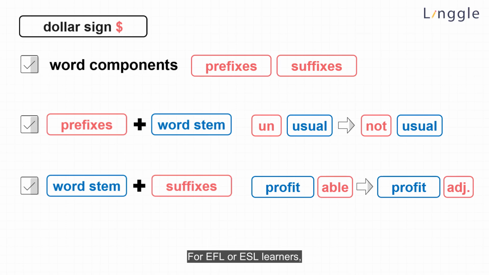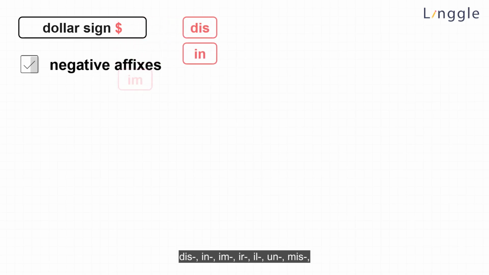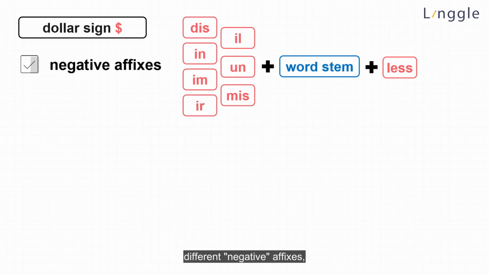For EFL or ESL learners, it is sometimes difficult to decide which prefix or which suffix is right. For example, there are many negative affixes such as dis, in, im, ir, ill, un, mis, less, etc. Different words matched with different negative affixes.